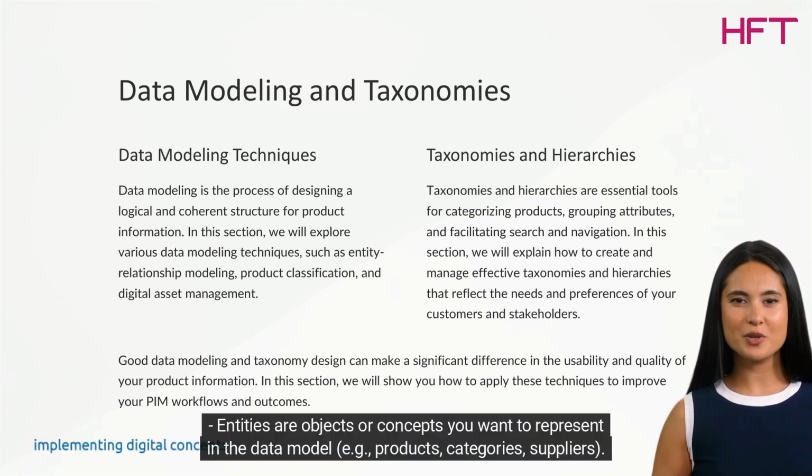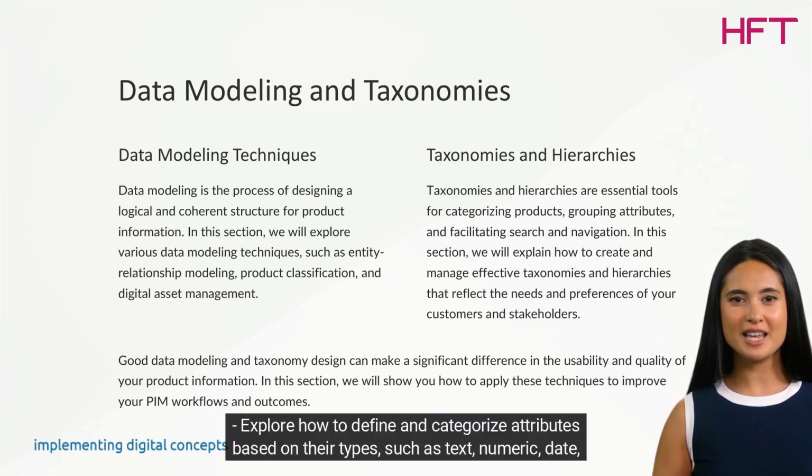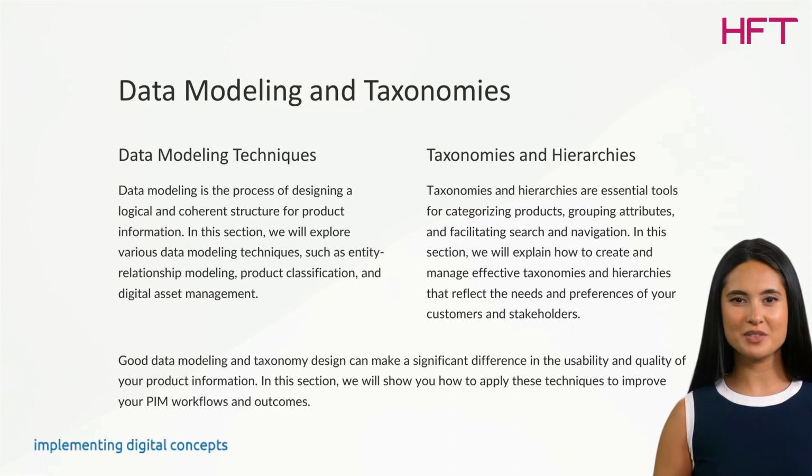Entities are objects or concepts you want to represent in the data model, e.g., products, categories, suppliers. Attributes are the characteristics or properties of entities, e.g., product name, price, color. Explore how to define and categorize attributes based on their types, such as text, numeric, date, or enumeration.